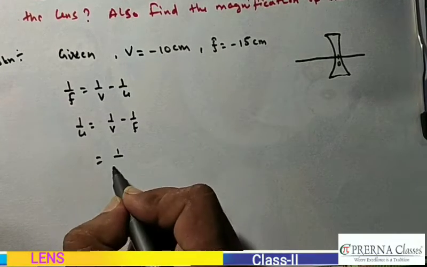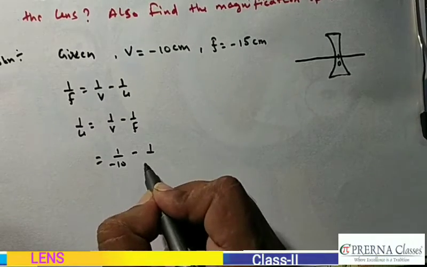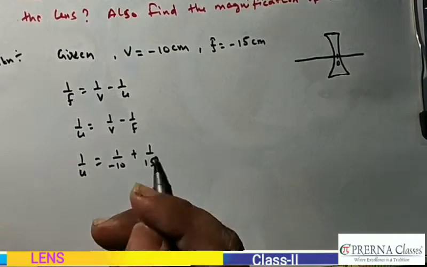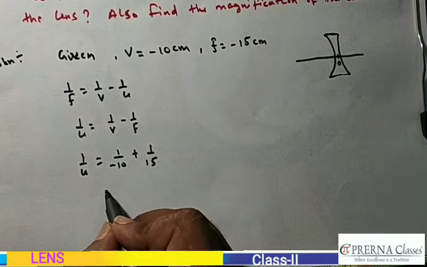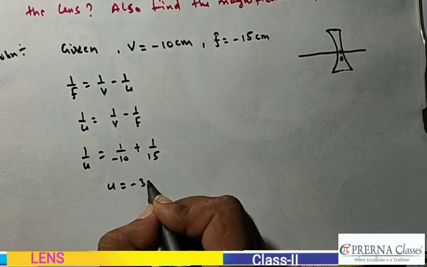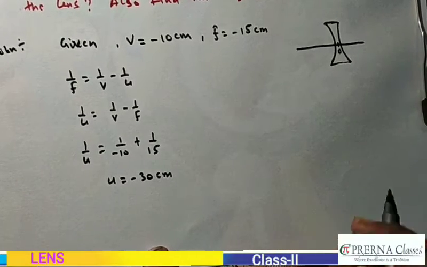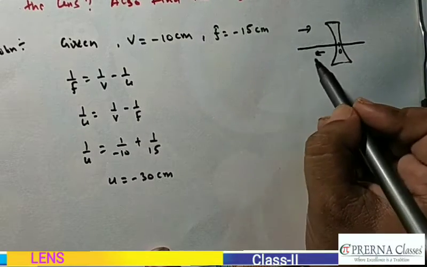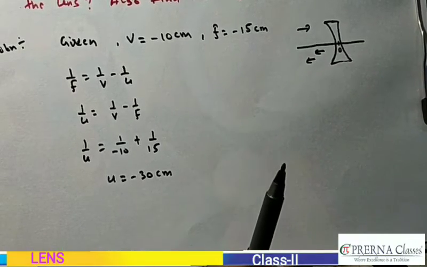So 1 by minus 10 minus 1 by minus 15 equals 1 by u. After solving this, you will get u equals minus 30 centimeter. You can see the object is on the same side. That means u and v are on the same side, because the sign is the same.